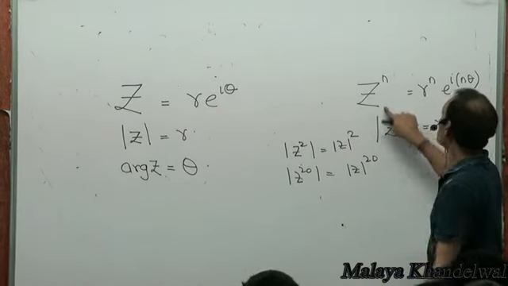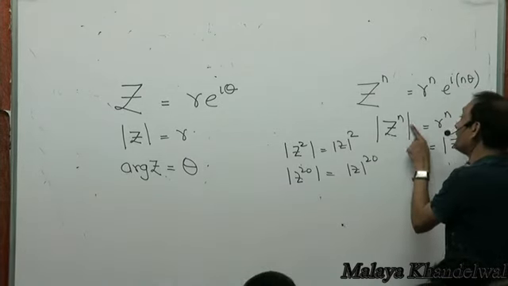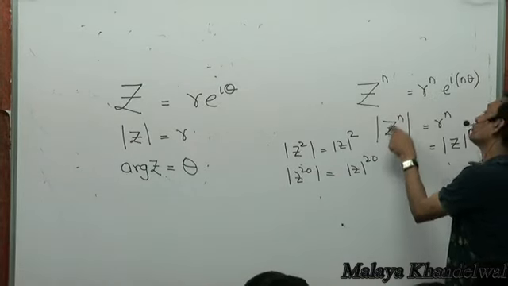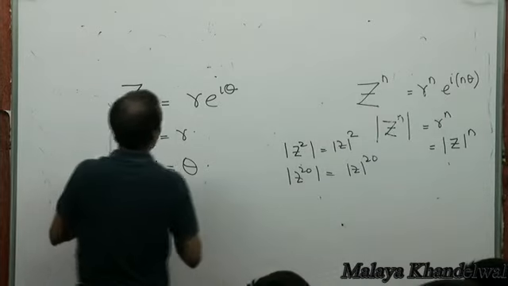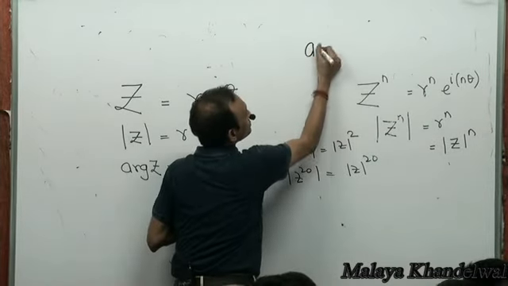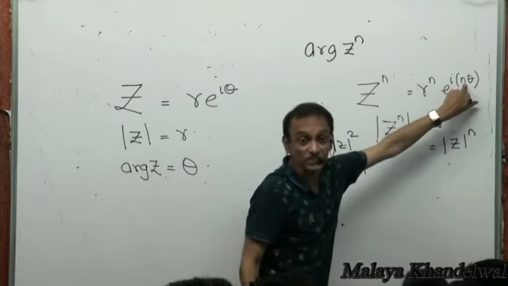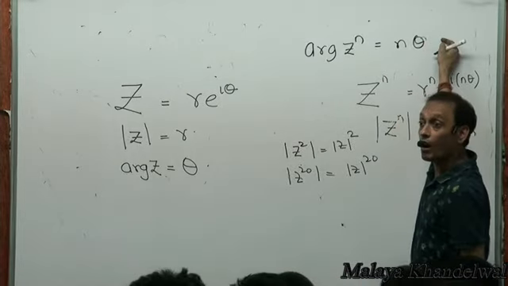Okay, so mod of z power n is mod z whole to power n. That means n and the modulus operator are interchangeable, they could be swapped. n could go up, right? Similarly, what is argument of z power n? It is n theta. But what is theta?